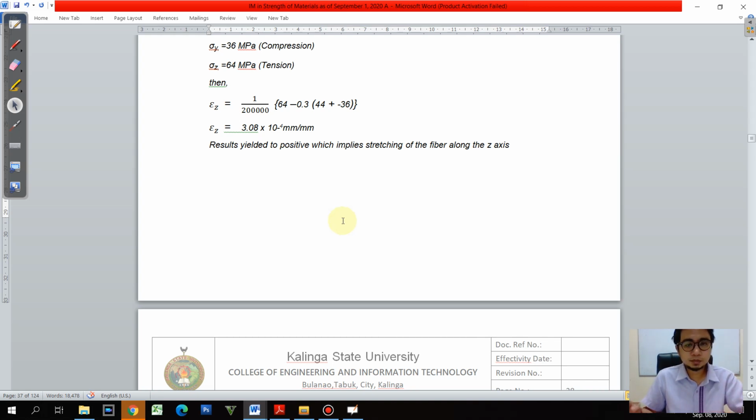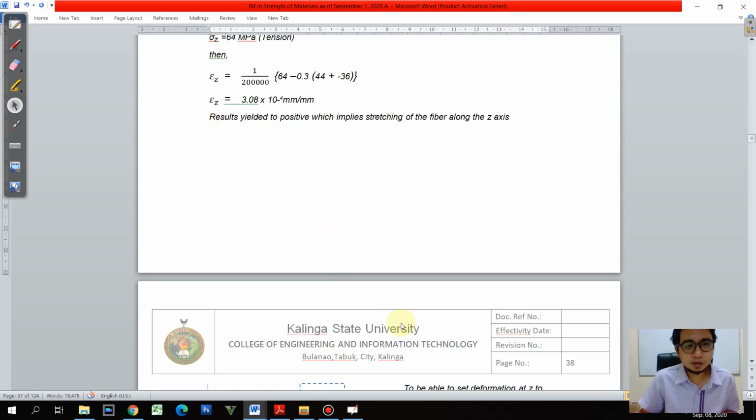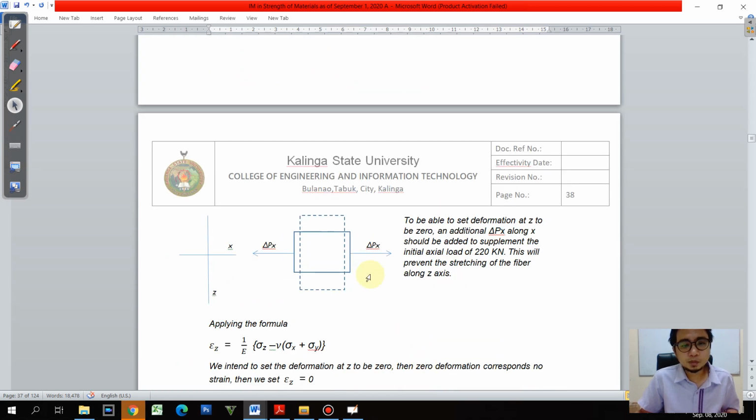The z elongated because this is a positive strain. So, for it to go back, we stretch x. Okay, for it to go back, we stretch. When we stretch this one, of course, the lateral axis will be compressed.